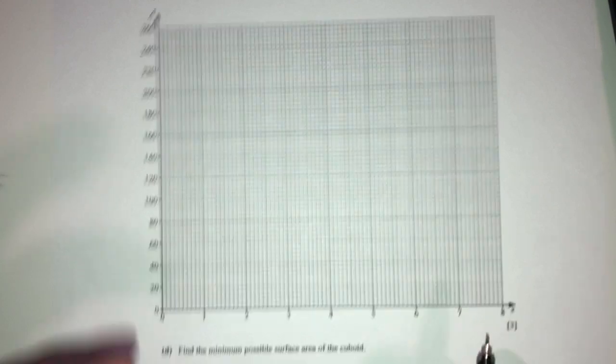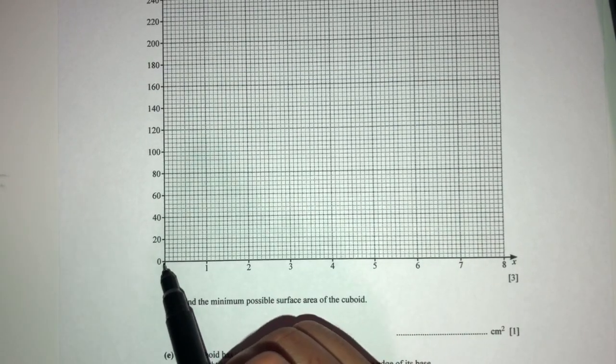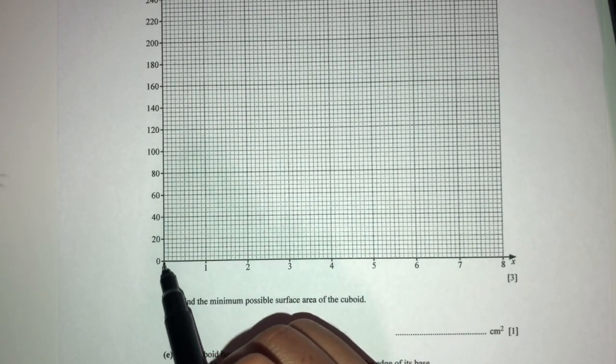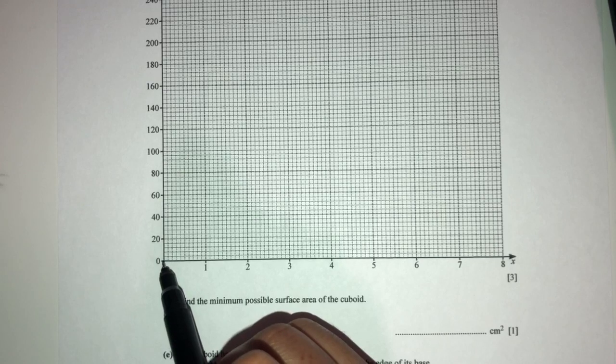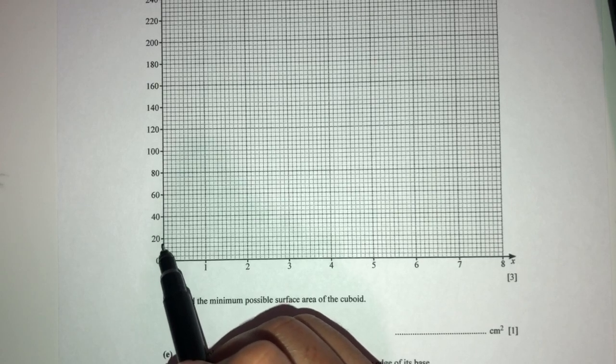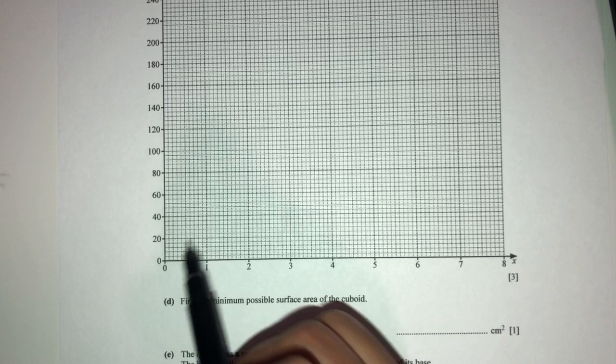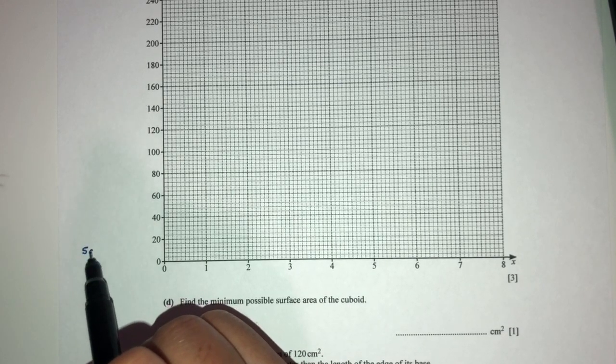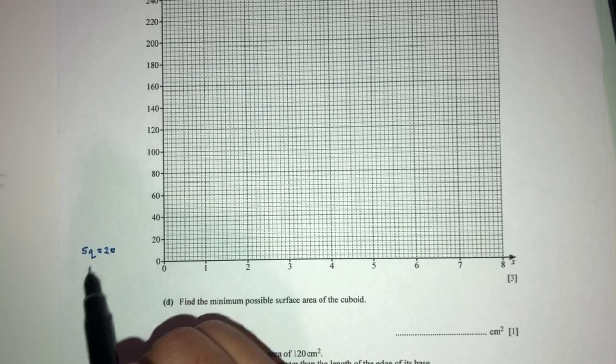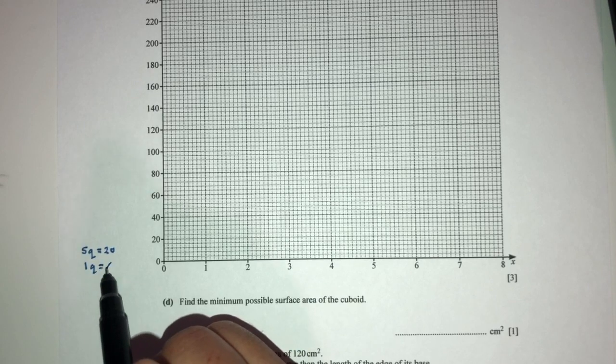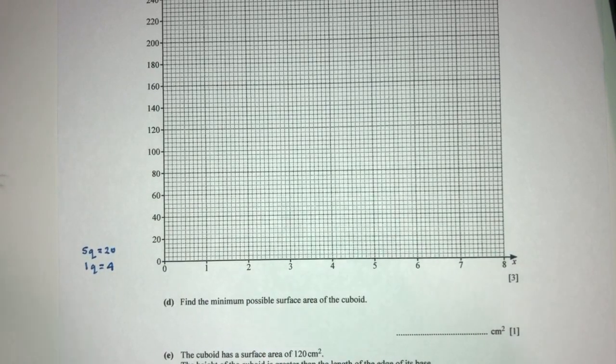So now we have to find out something first. So from 0 we have 1, 2, 3, 4, 5. So 5 squares is 20. So 1 square is 4. So that's something we have to know so that we don't mess up the plots, right?